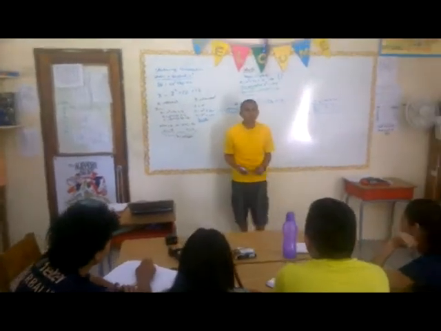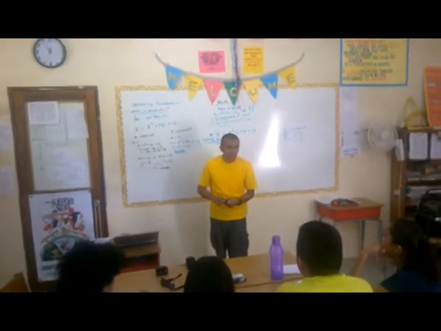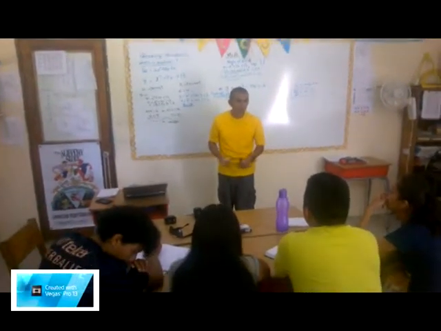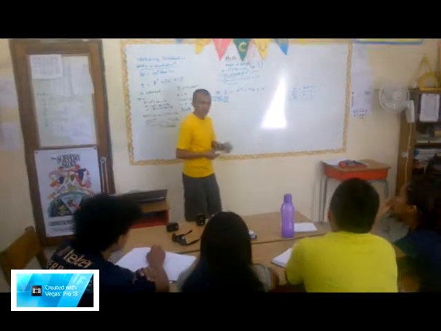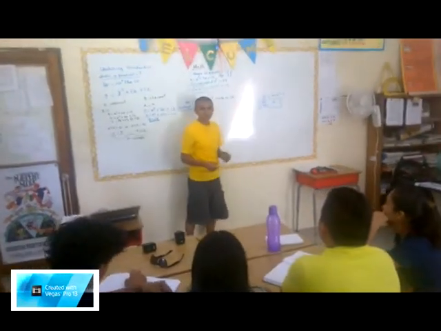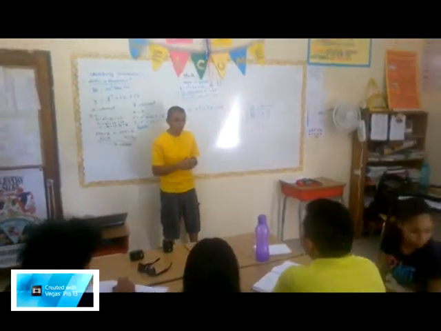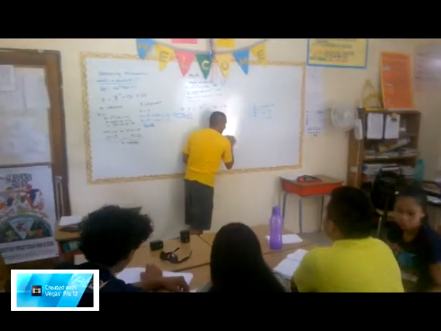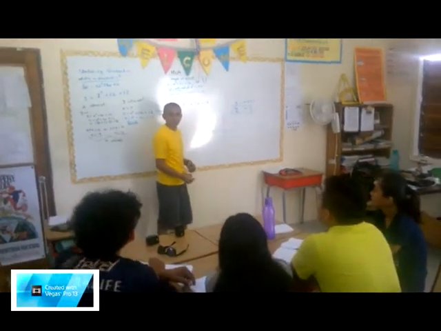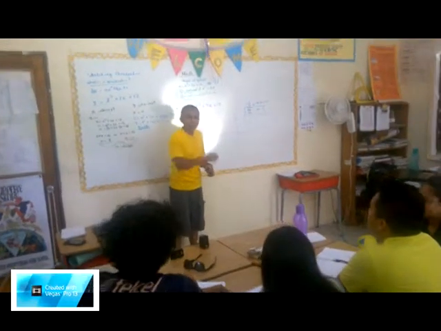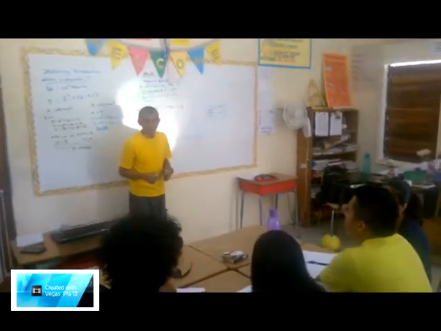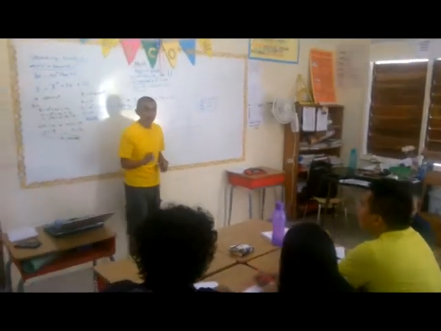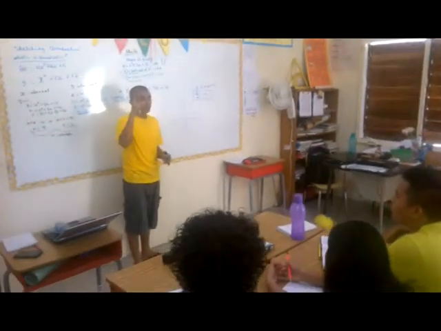Why does it give you a constant? Why don't you get an x value there? Thinking about the graph. Because it's a straight line which has one gradient.